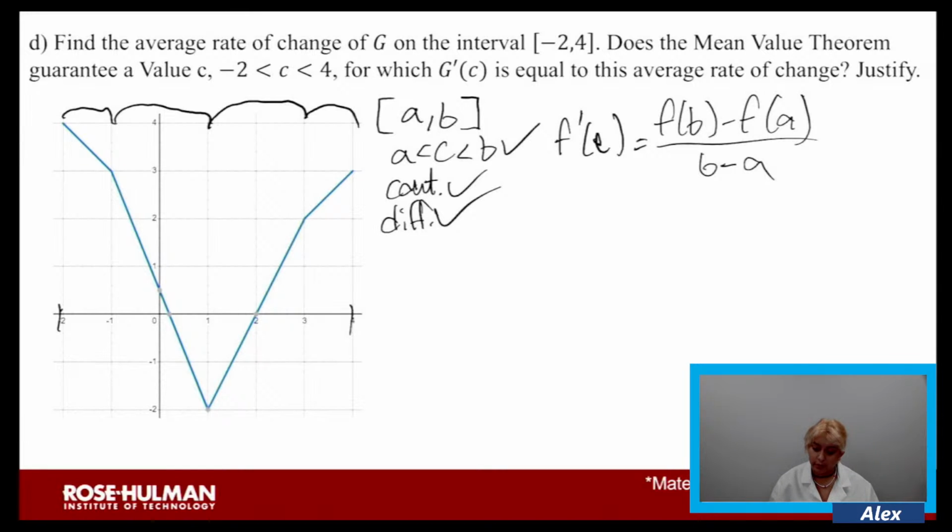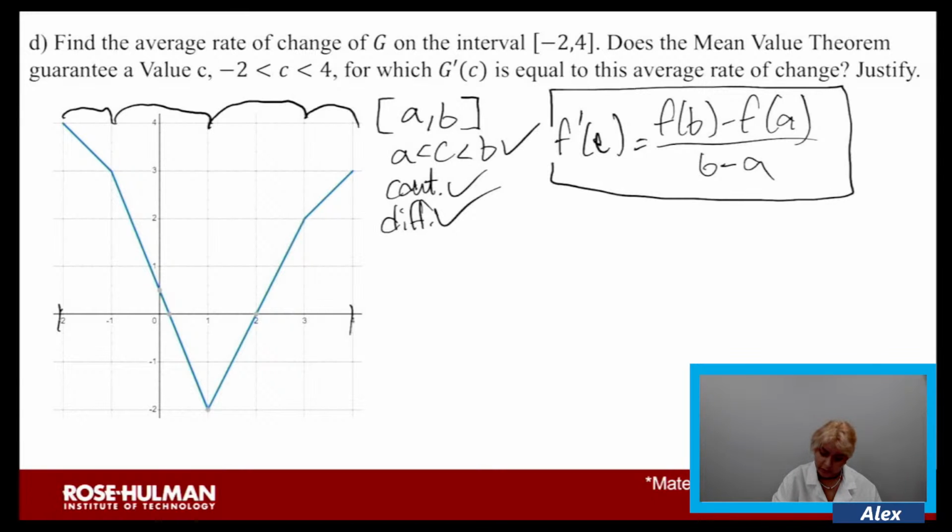Although the mean value theorem does not tell you what your c value is, but it does tell you that it is possible. So for this one, they want us to find g. So this is just what the mean value theorem says. For this problem, we want to see if this is true.